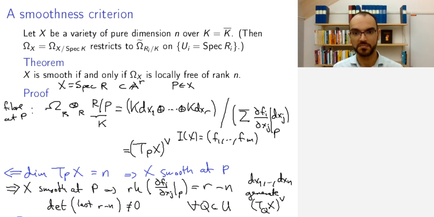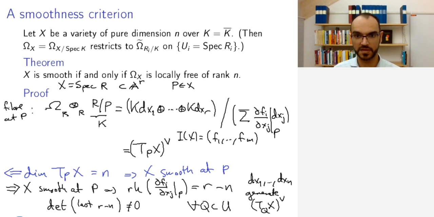But what does this mean? This means that dx1 to dxn generate the module of sections over U. Now, we know that the dimension of the tangent space is not smaller than n.